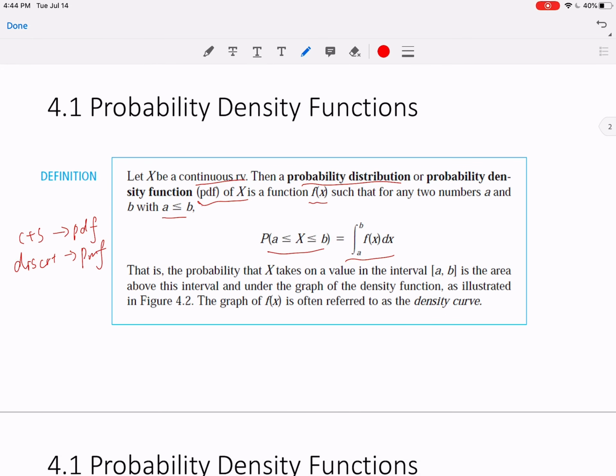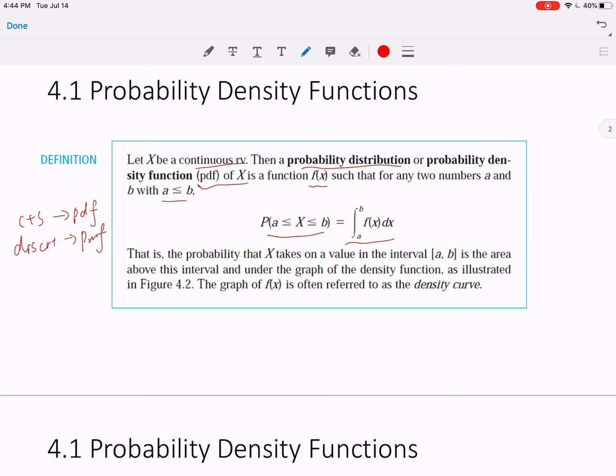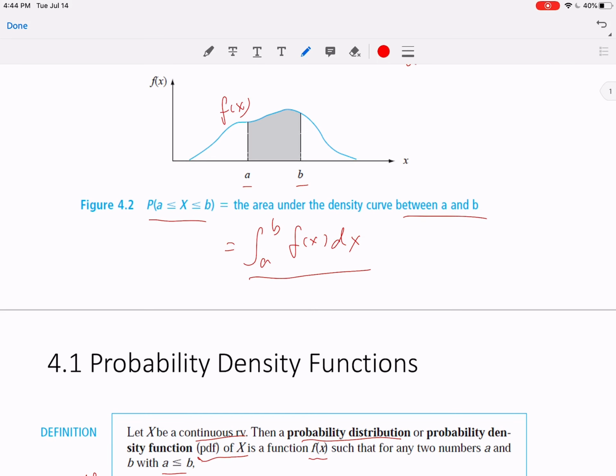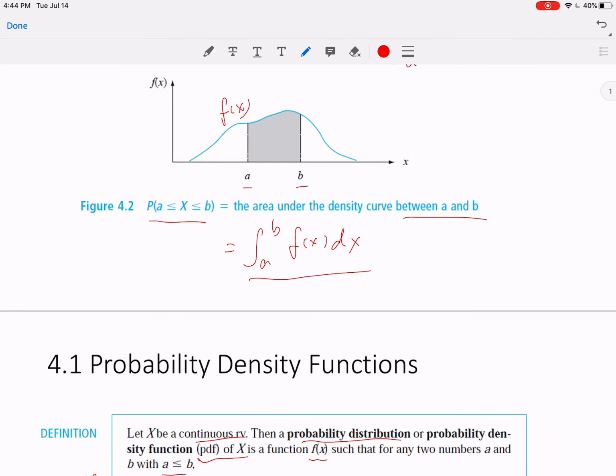That is, the probability that x takes on a value in the interval a to b is the area above this interval and under the graph of the density function, as illustrated in figure 4.2, the one shown up here. And the graph of f of x is often referred to as the density curve. So we call this curve the density curve.